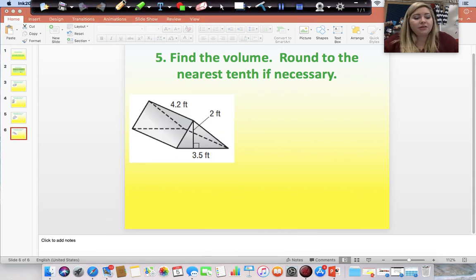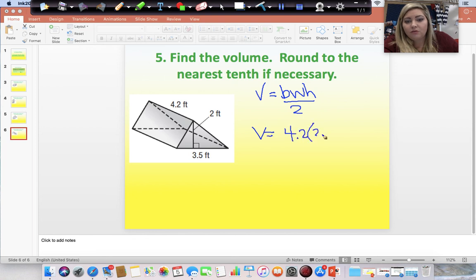Okay, so this is also a triangular prism. So volume equals base times width times height divided by 2. Our base, width, and height is 4.2 times 2 times 3.5, and then we are dividing all of that by 2.